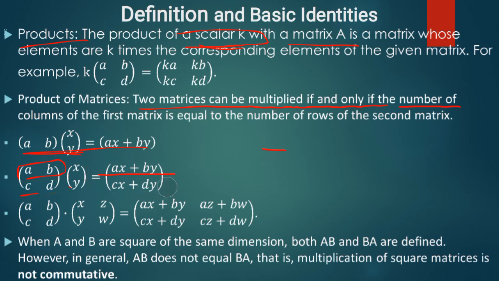Okay, what if it's a 2 by 2 times another 2 by 2? How would that look? So for a 2 by 2 times a 2 by 2, you do what we did before. You take the first one and multiply this. You take the second one and multiply this, which gives us the first part of the entry.